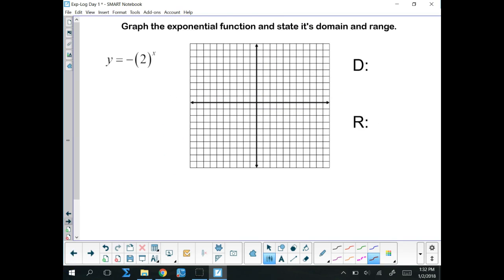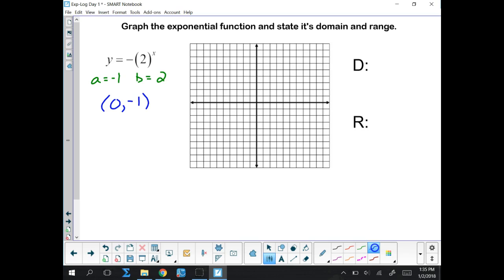You try that one. What's my a value? -1. What's my b value? 2. Okay. So (0, a) is my first one, right? So (0, -1) is the first point that I go through.